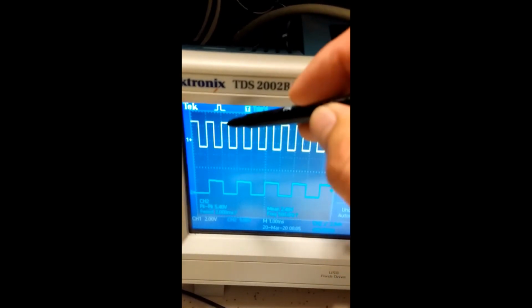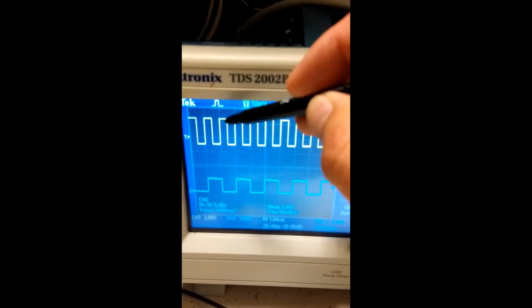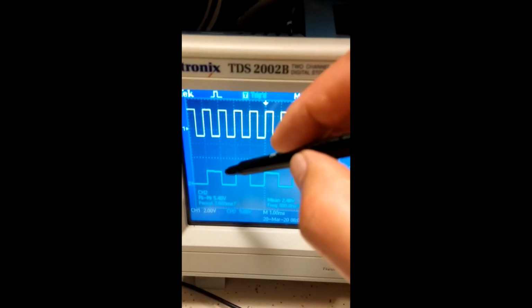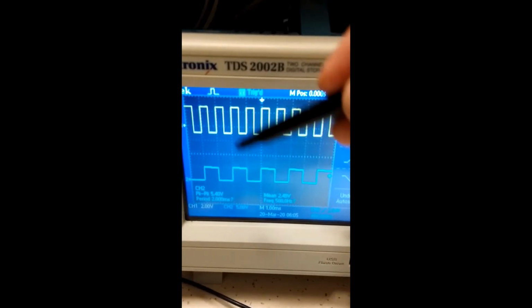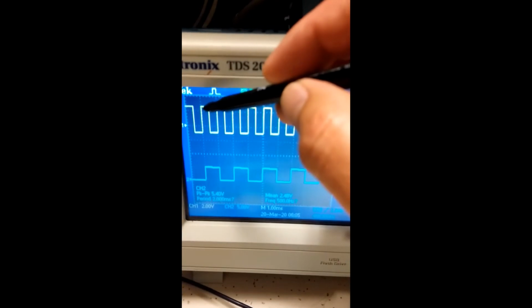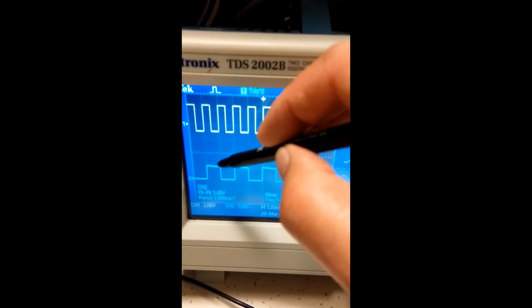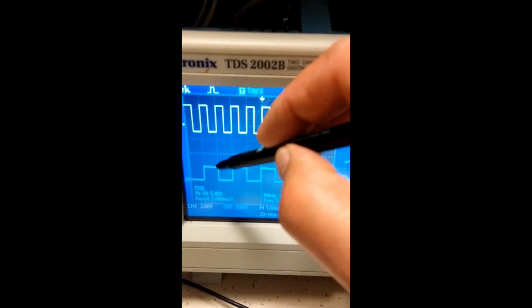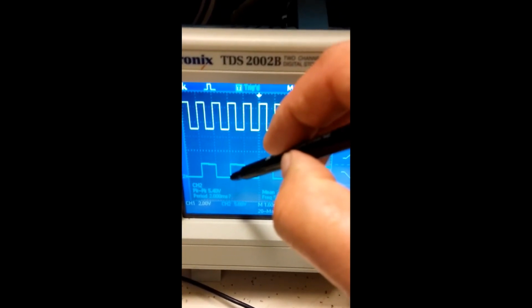And when you have the second pulse, this is the second one, then the output from the flip-flop is going to be lower. So this is 1, the first pulse, second pulse, and then the flip-flop is going to flip to 1, and then the second pulse is going to flip to 0.